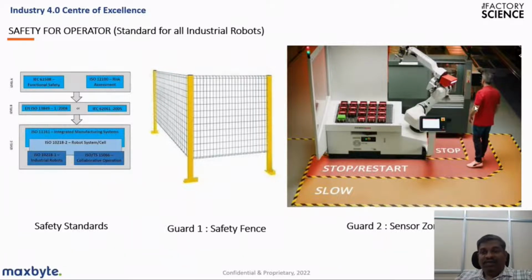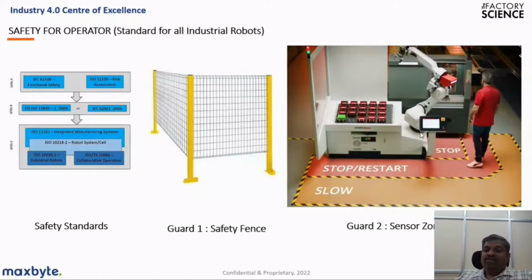Say, for example, if he needs to have a look into the machine, without entering the machine it is not possible to ensure the quality of the product that is being machined. In these cases, we can have a safety sensor or sensor zones. Once the operator enters into the slow zone, the robot will operate at 50% of whatever it is operating.